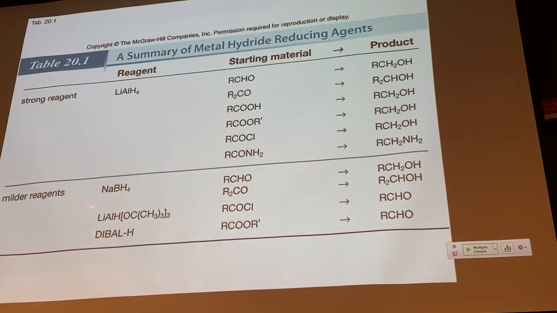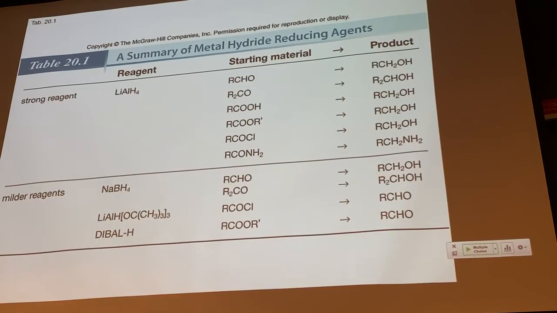And we've explained why lithium tri-tert-butoxy aluminum hydride and DIBAL are weaker reducing agents than lithium aluminum hydride. So we should understand the hierarchy of reactivity. We should understand that sodium borohydride is only reactive enough to reduce aldehydes and ketones and not reactive enough to reduce carboxylic acid derivatives, okay?